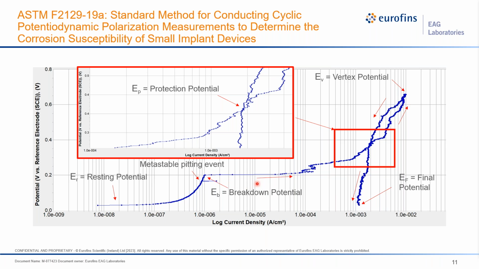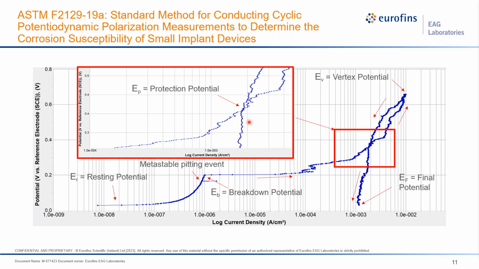Now the sample corrodes and then further corrodes, and it reaches the vertex potential of 0.662, where the scan is stopped at the preset maximum current density. During the reverse scan, a negative hysteresis is formed where the reverse scan intersects the forward scan.